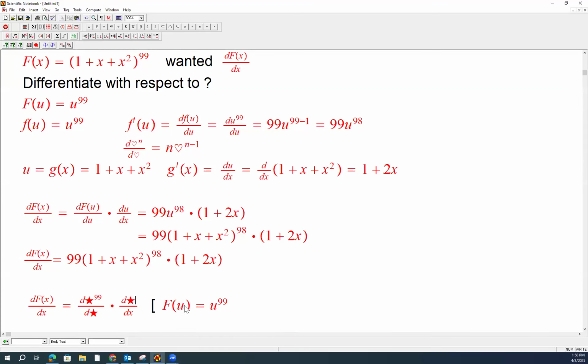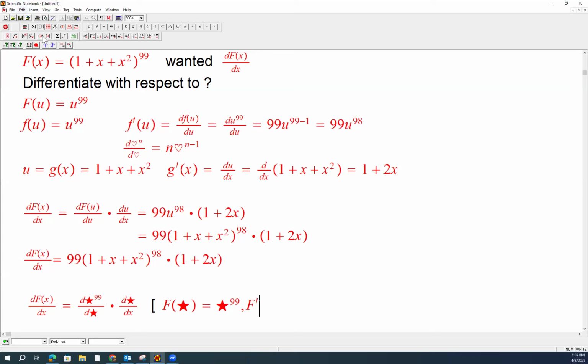Okay? So what I did here is that I'm telling you that this is the bologna. Derivative of bologna to the power 99 with respect to bologna. So in your head, you're thinking of this as bologna, and you're differentiating it with respect to bologna.